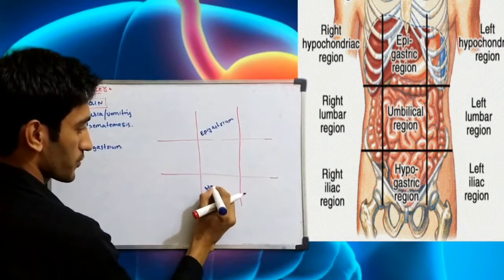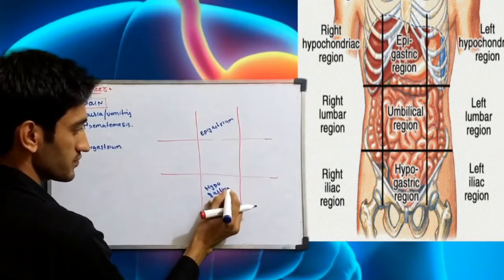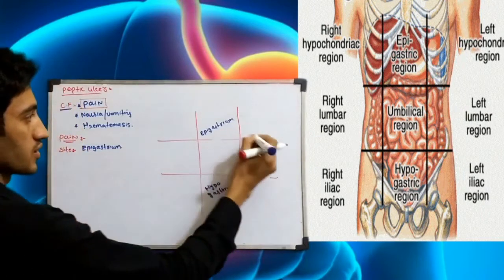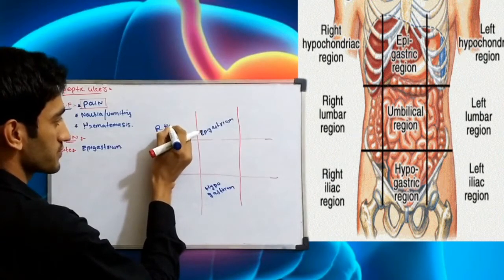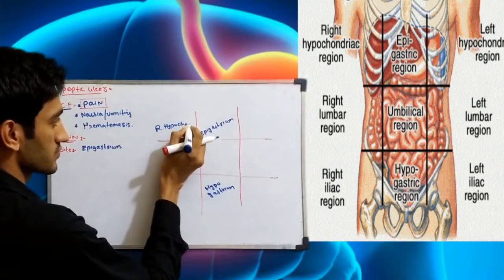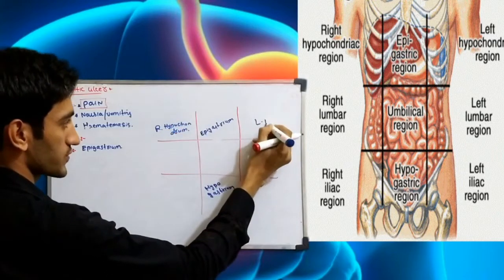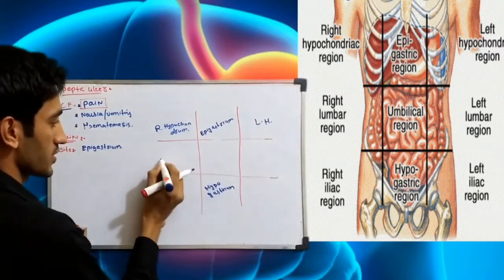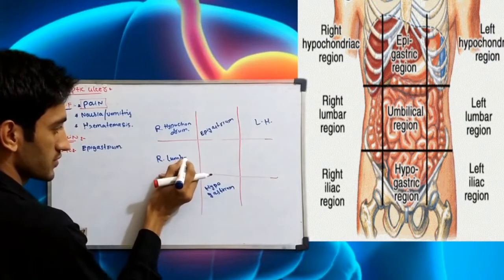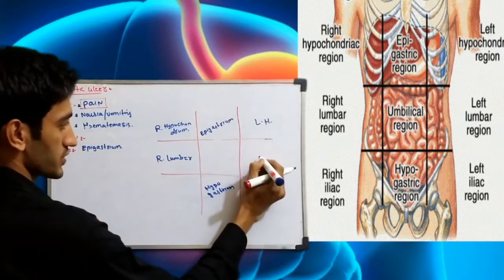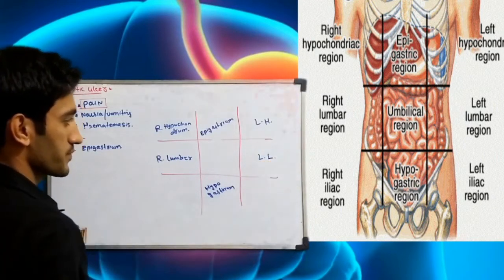This one is called the hypogastrium. This one is called the right hypochondrium. This one is called the left hypochondrium. This region is called the right lumbar region. This one is called the left lumbar region.